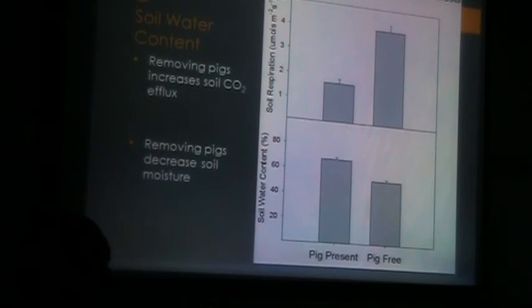In the volumetric water content, we found that there was actually less water in pig-free zones than in pig-present.